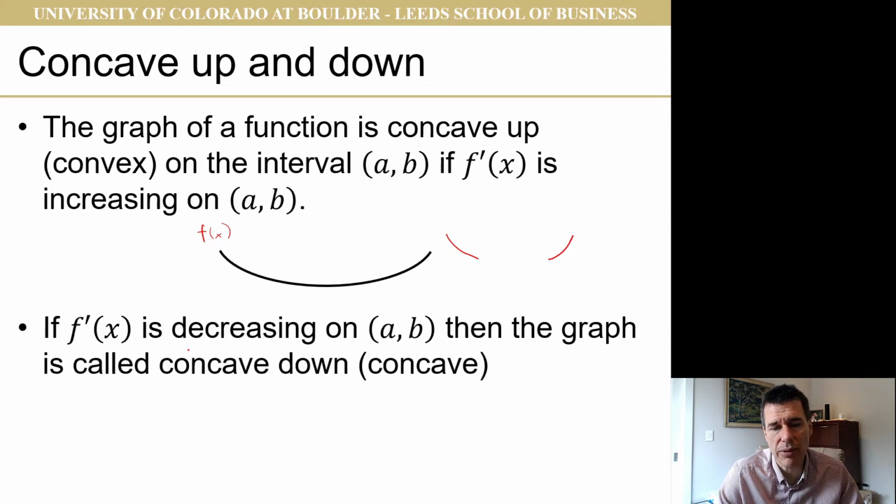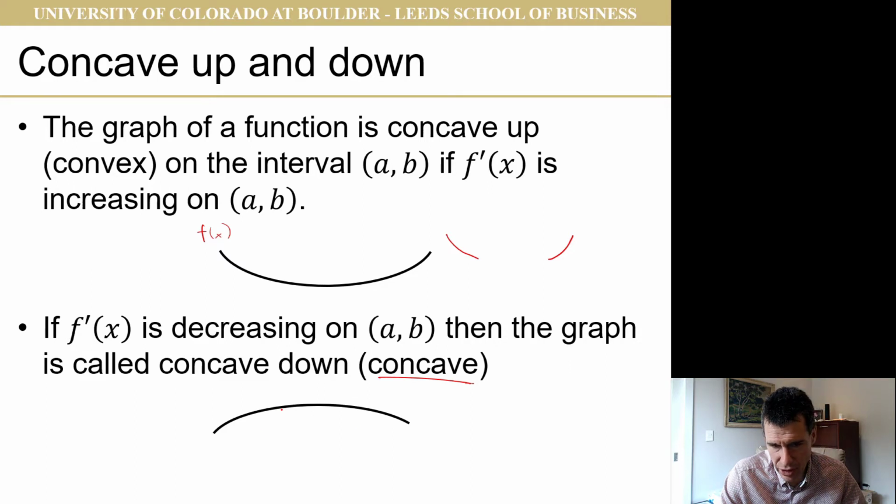If f prime of x, the derivative, is decreasing, then the graph is called concave down. When I learned this, it was just concave, and I could remember concave versus convex as concave looks like a cave. That was my one way to remember these things. So let's think about this. f prime of x is decreasing. Right now, this is our function.